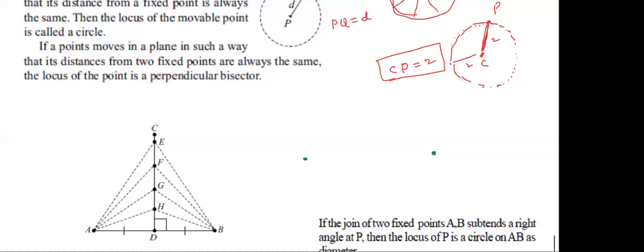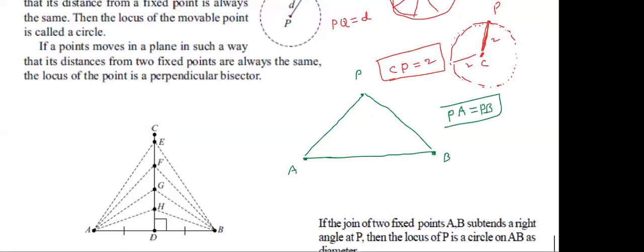Now take one locus point, suppose I am taking the point here P, this is A and this is B. Now the distance PA is equal to the distance PB. Both are equal. So now the geometrical condition is PA is equal to PB.